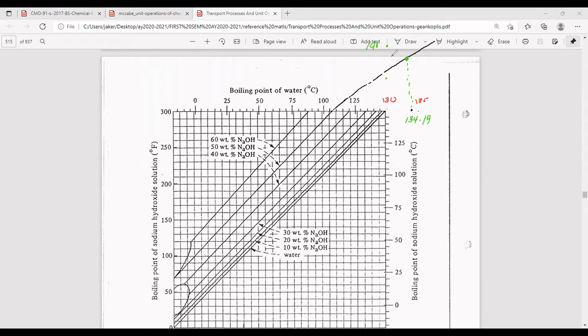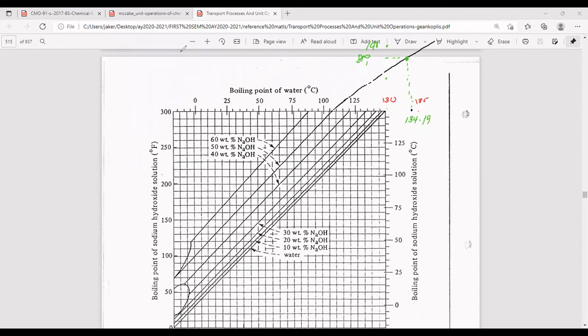So more or less, the boiling point of your solution is in here. This will be your BP1 based on our estimate. 125, 130, 135, 140, and it's somewhere in here based on my projection. So more or less, it's 137.5. It's just anyway an estimate.